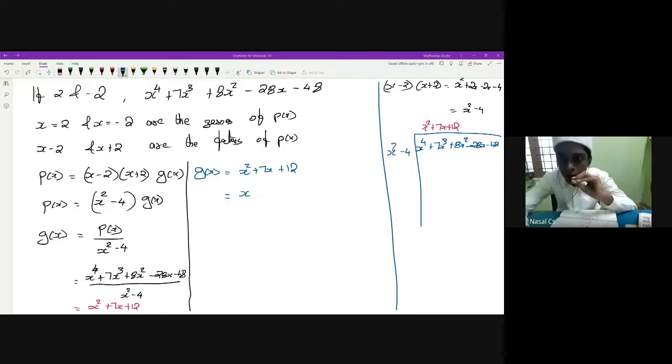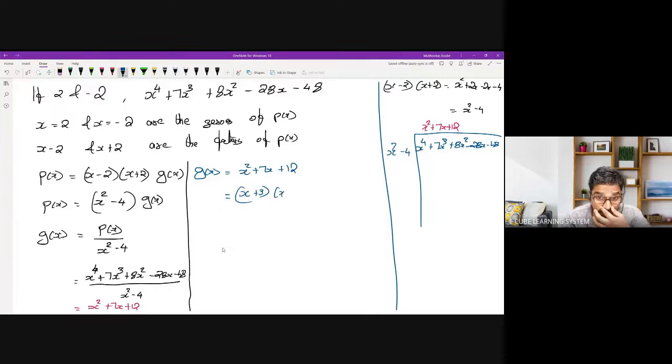Sir, x plus 3 into x plus 4. Very good. All together, our polynomial p of x can be written as x minus 2 into x plus 2 into g of x, where g of x is x plus 3 into x plus 4.